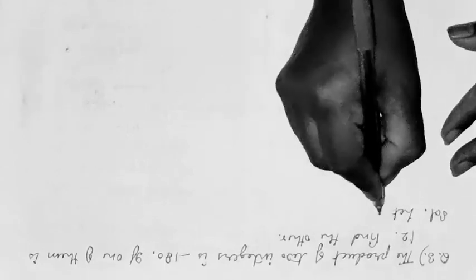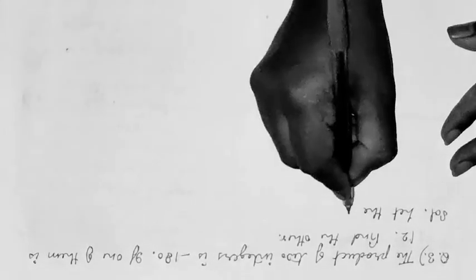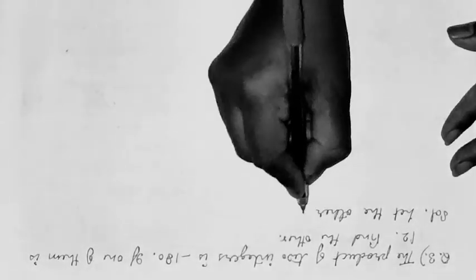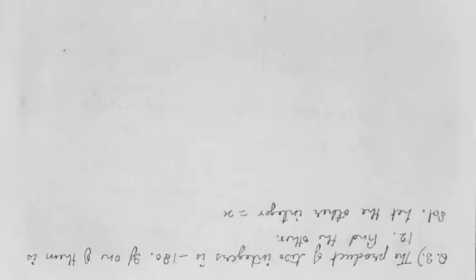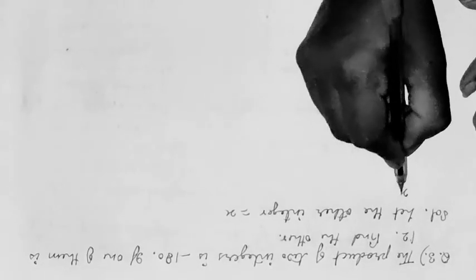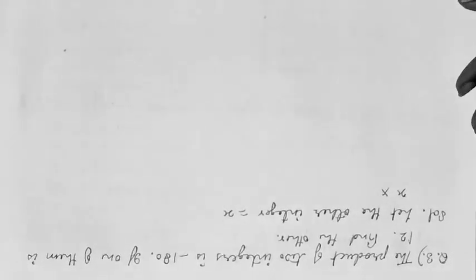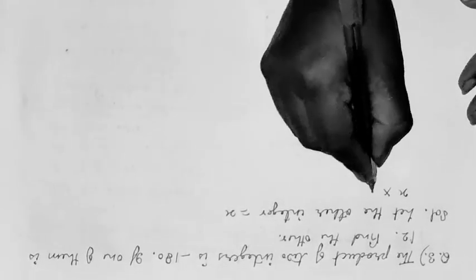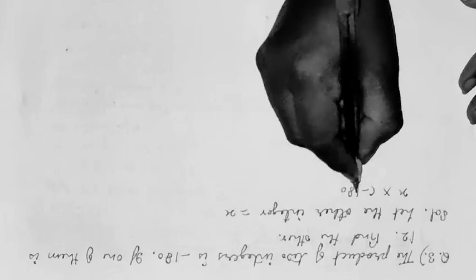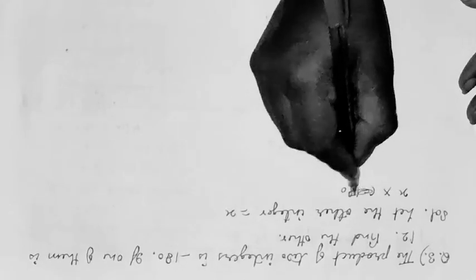So again, let the other integer be x. Here we have to find the product, so I will multiply x. Product means the answer of multiplication. Sorry, this is the product.